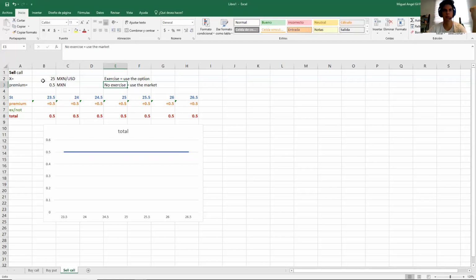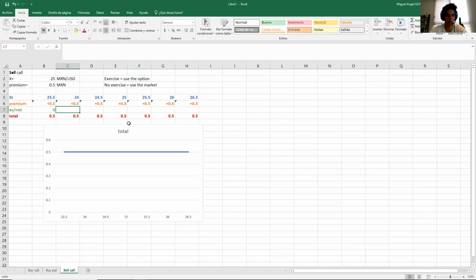Think like if you are the person who can decide to buy the dollar in the option or in the market. So the question is, will that person prefer to pay 23.5 for a dollar in the market or 25 in the option? Well, the answer will be that person will prefer to pay 23.5 in the market. That means no exercise. And no exercise means 0, okay?